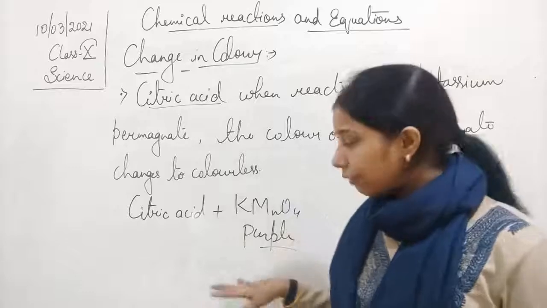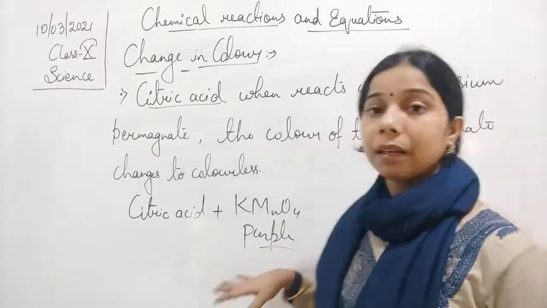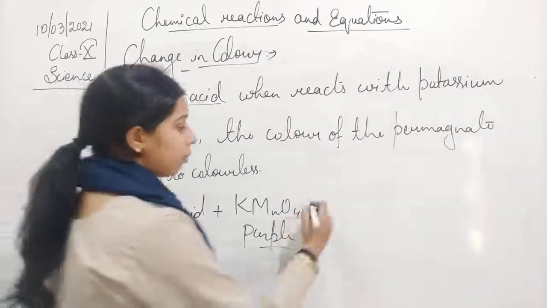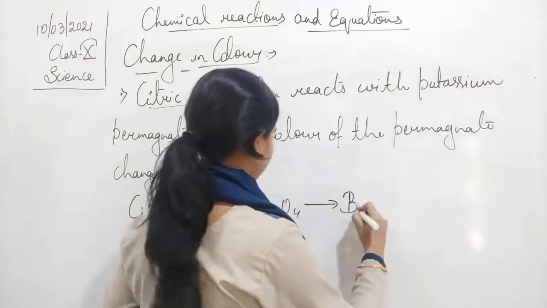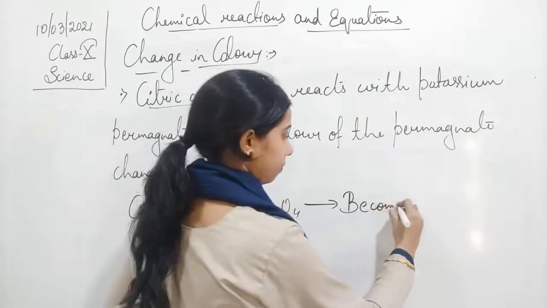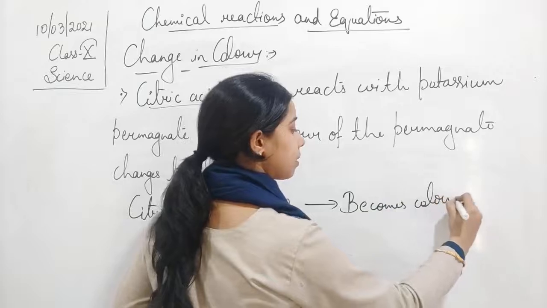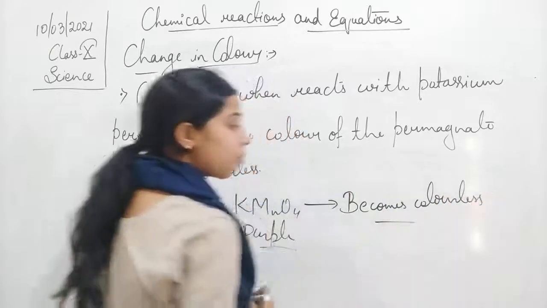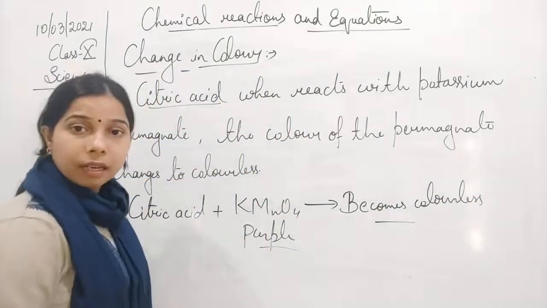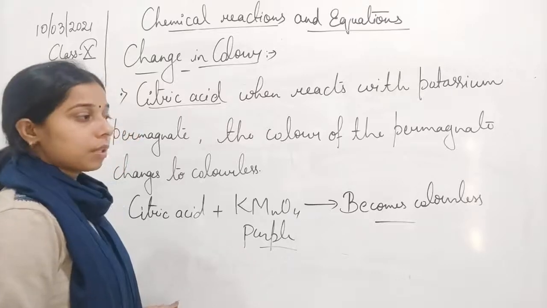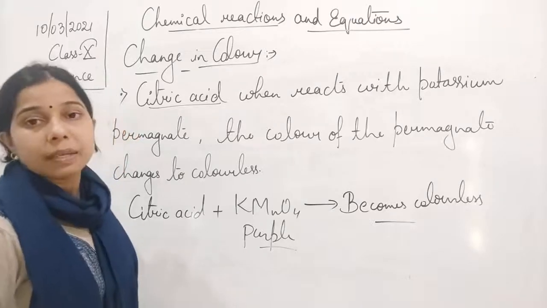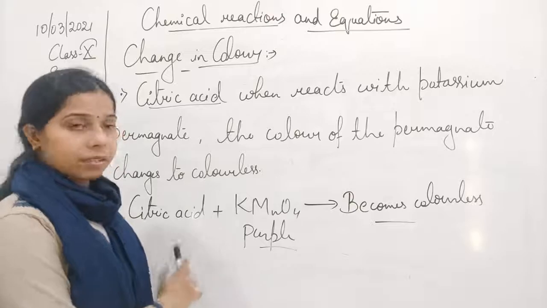Okay, so at first it was purple in color, but after the reaction you will find that it becomes colorless. So this is the change in color. So this we can also say is a reaction which takes place between the two reactants.